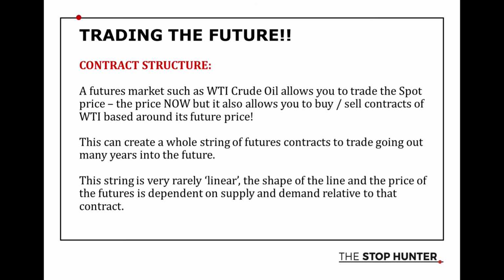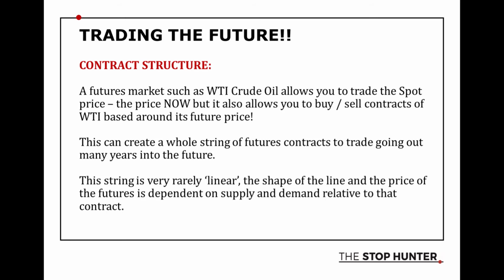Now there's a mathematical formula for coming up with that price. We're not going to go into it in this course. It is quite straightforward though, and that creates a whole string of futures contracts to trade going out many years in the future, and that string is very rarely linear, and it's often in a more wavy line.